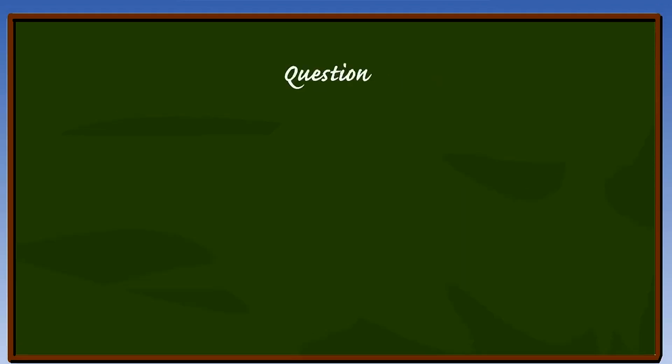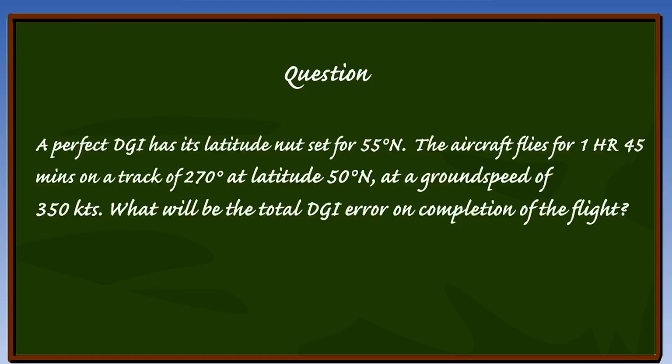It sounds obvious, but in answering a calculation question, the first thing to do is to read and understand the question. This simple point is regularly overlooked. So with this in mind, let's look at a typical question. A perfect DGI has its latitude nut set for 55 degrees north.